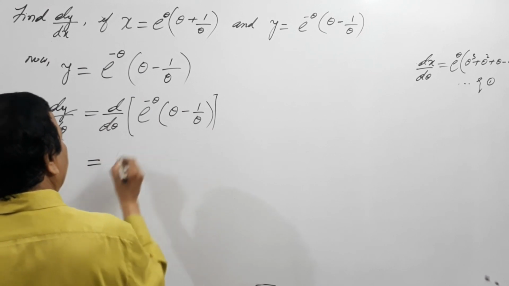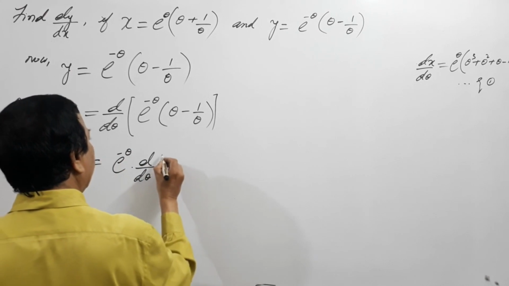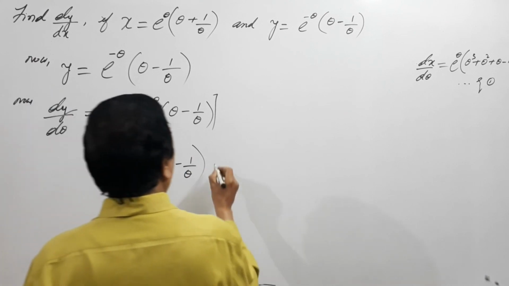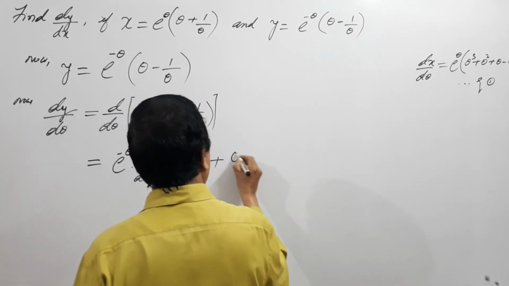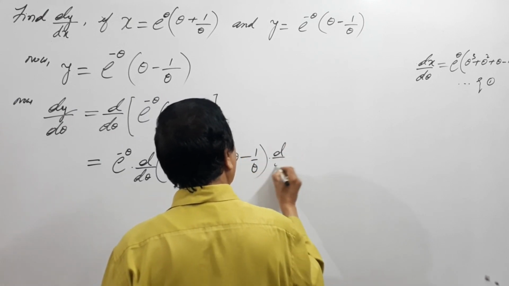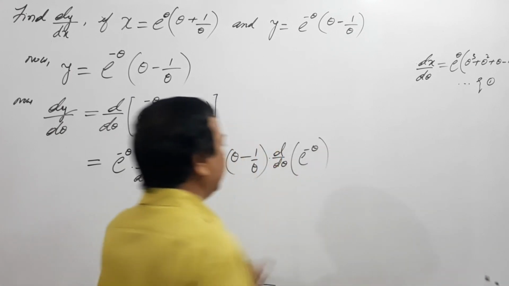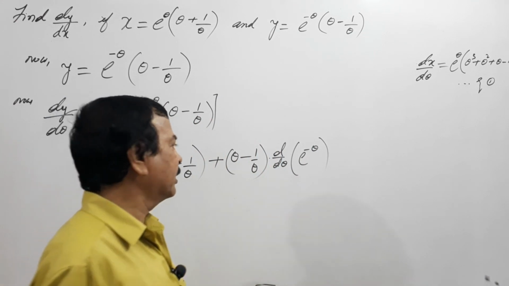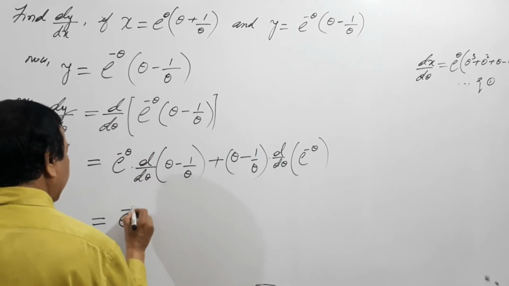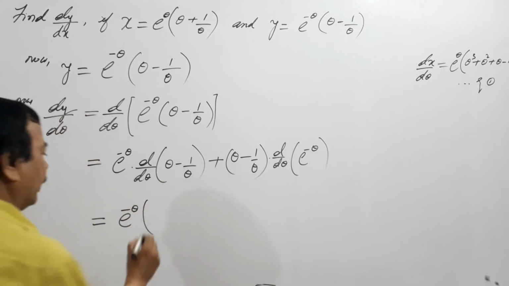I keep e to the power of minus theta as it is, d by d theta of theta minus 1 by theta, plus theta minus 1 by theta into d by d theta of e to the power of minus theta. Very simple it is. So this equals e to the power of minus theta into d theta by d theta, which is 1.